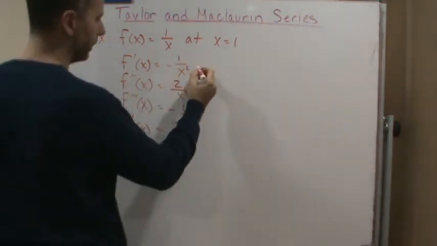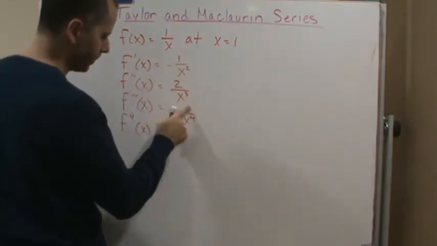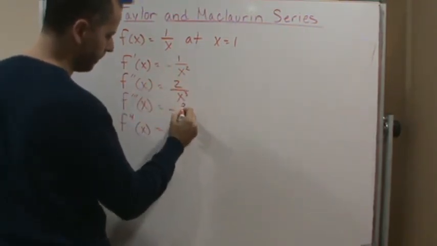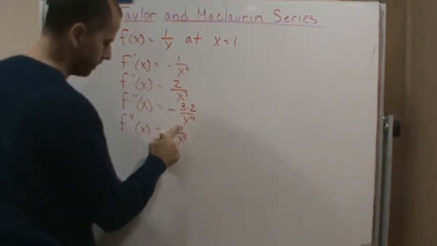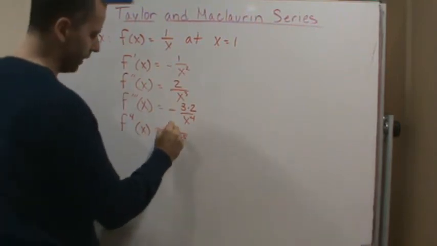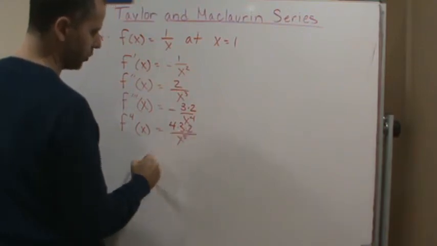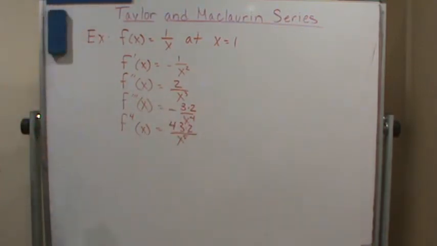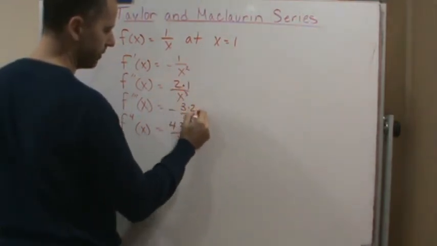And so we could write this also as 3 times 2, and this one as 4 times 3 times 2, or to make it more obvious, we could do this.